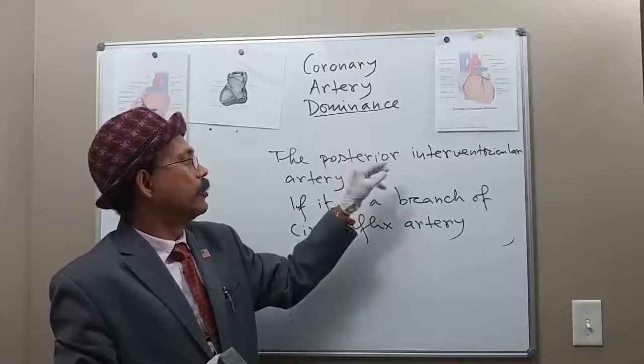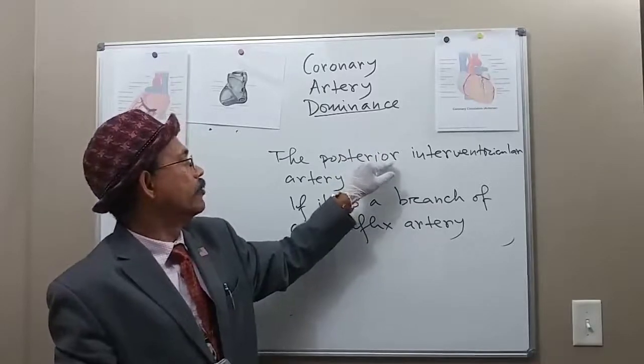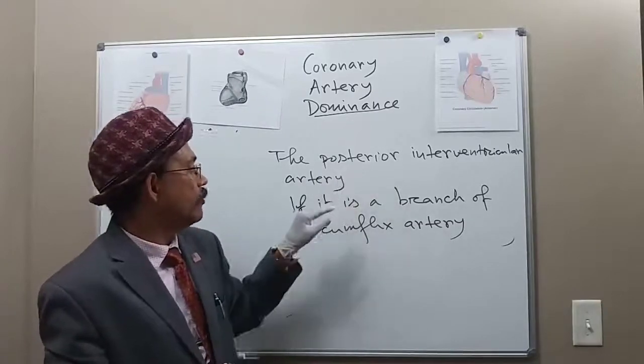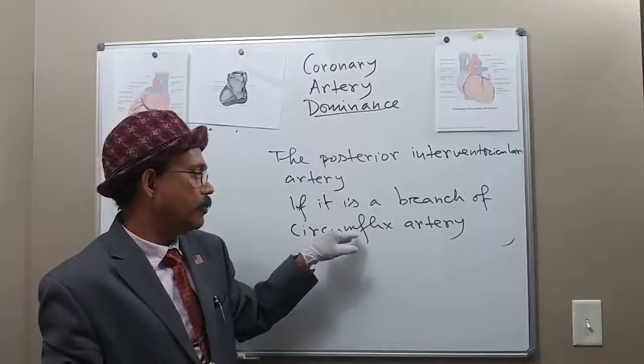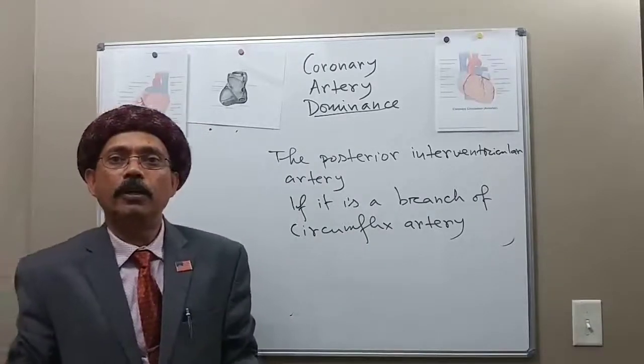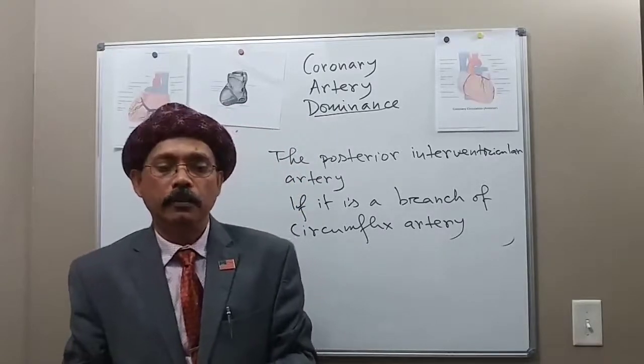So usually it is right coronary artery dominance, because this is a branch of the right coronary artery. But if this is a branch of the left coronary artery through the circumflex artery, then we call it left coronary artery dominance.